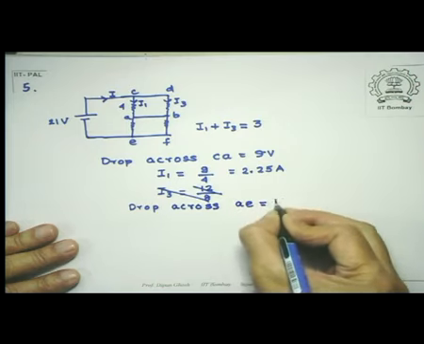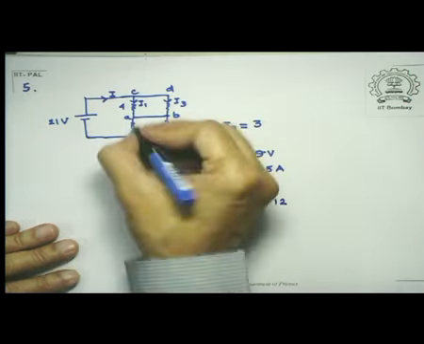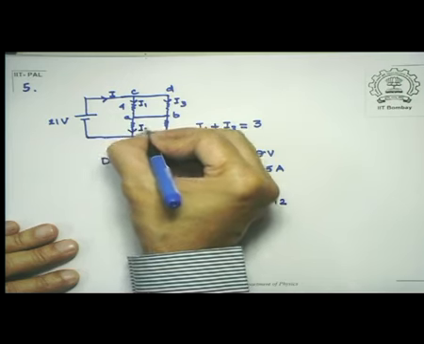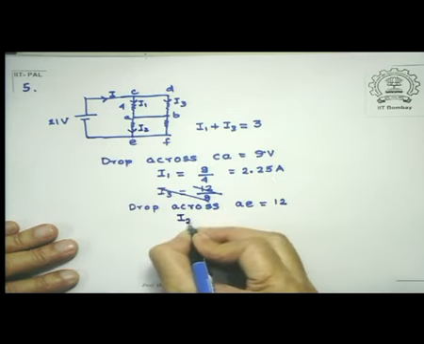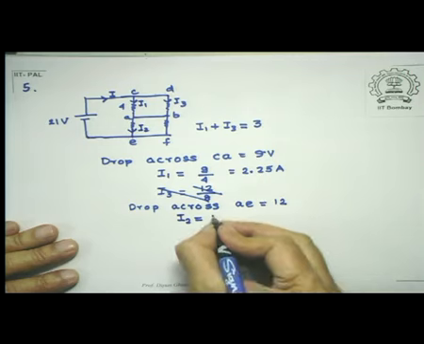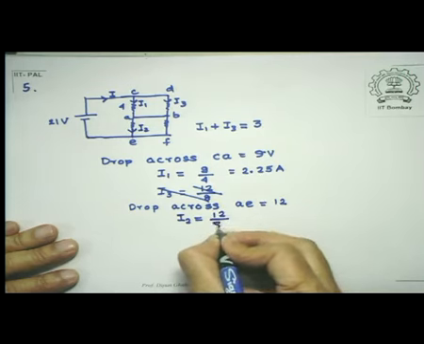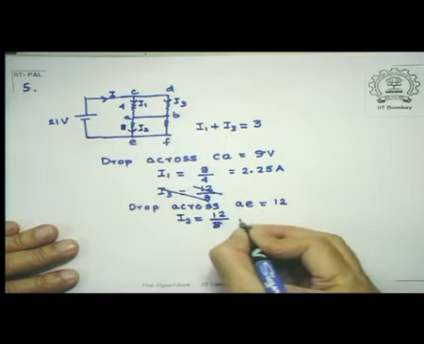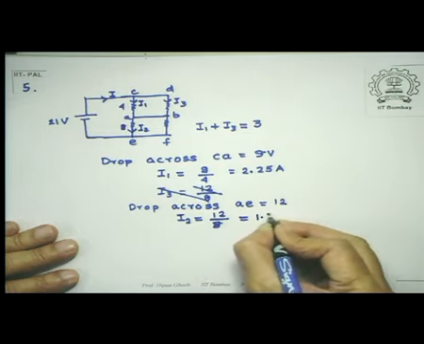The drop here is equal to 12 volts. If we call this I2 now, that would be equal to 12 divided by 8 ohms, that was the resistance of this. So that's equal to 1.5 amperes.